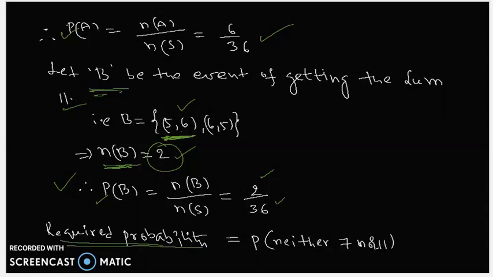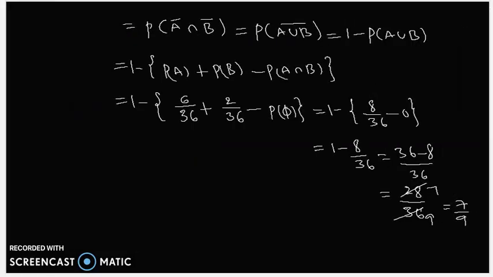The probability of neither 7 nor 11. So 7 is event A, 11 is event B. Neither equals the probability of A bar intersection B bar.